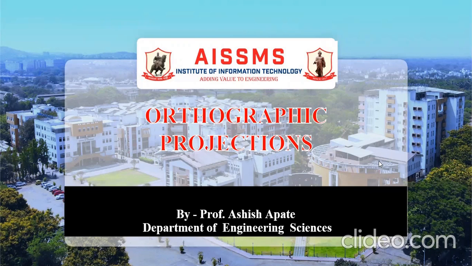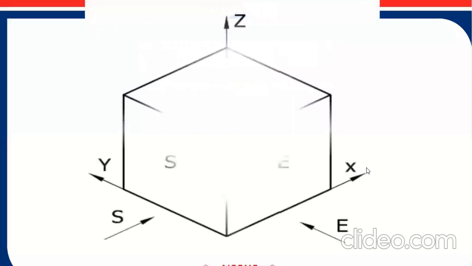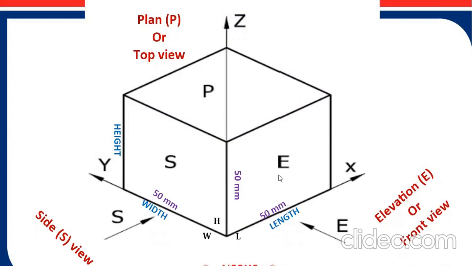Today's topic is orthographic projection. We know that we require length and height to draw the front view. To complete the top view, we require two dimensions, length and width.